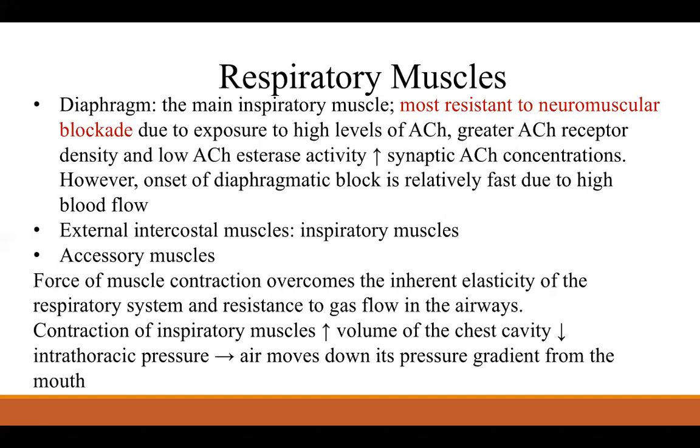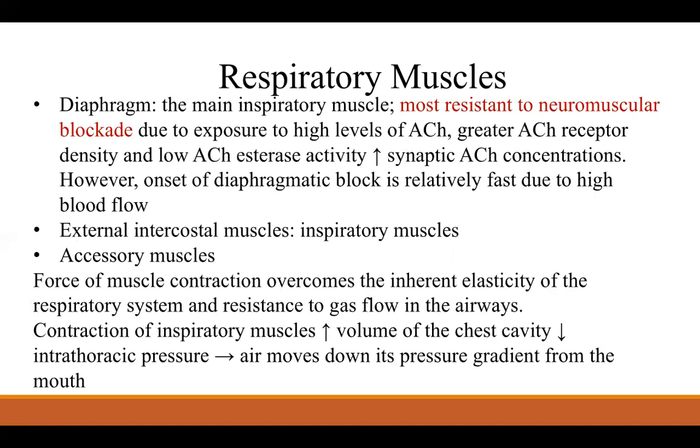Okay, so now we are going to discuss a few more details here. Force of muscle contraction has to overcome the resistance that exists in the airway and within the lungs. So the resistance is basically the opposing force.